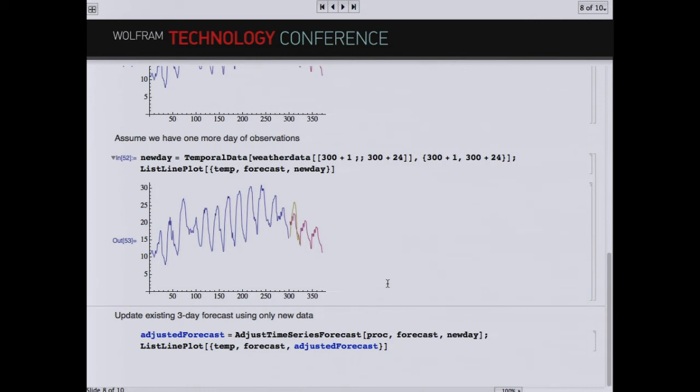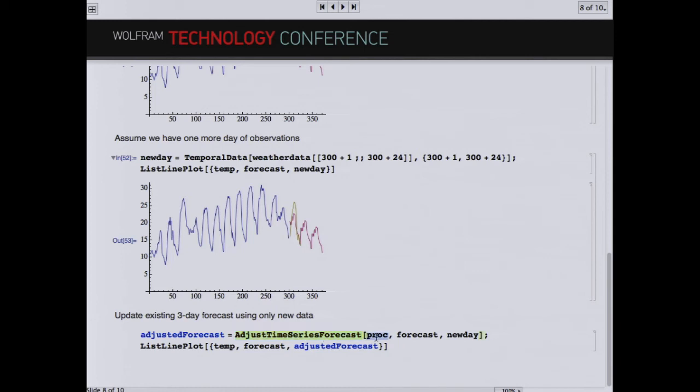What I would like to do now is to adjust this forecast for the remaining 2 days using this information that we have. So we know that we overshot the temperature. We forecasted that it's going to be colder than it actually was. So just using one function, I would like to improve this forecast.